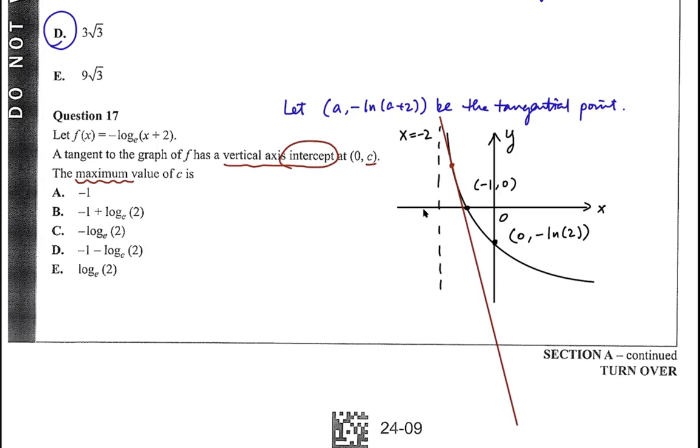Through this point, I've drawn a tangent line, and it looks like the y-intercept is far below the x-axis. So what if we try the x-intercept itself?